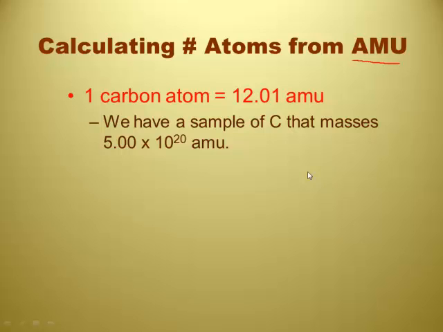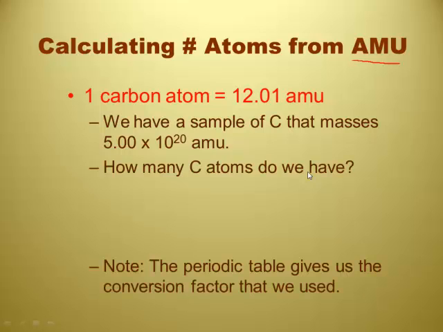What that means is if we have a sample of carbon that masses 5.00 times 10 to the 20th AMUs, we can actually figure out how many atoms there are. It turns out that the periodic table gives us the conversion factor, which is one carbon atom is 12.01 AMUs. What we do is we set up a conversion.